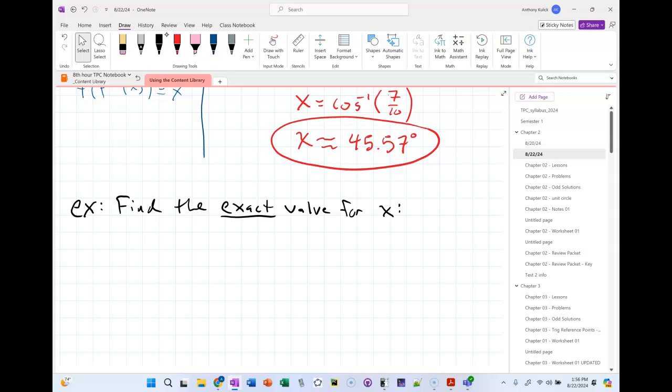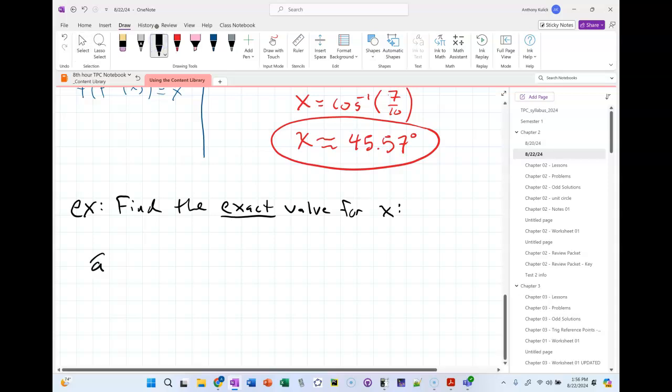So no rounding. What does that mean for us? The calculator's not going to be helpful here. So let's look at an example and remind you how we would have done this with no calculator.